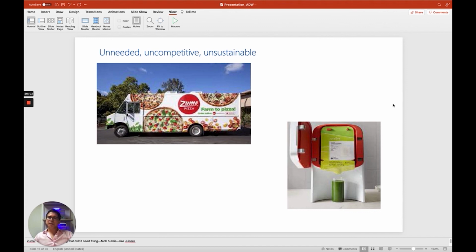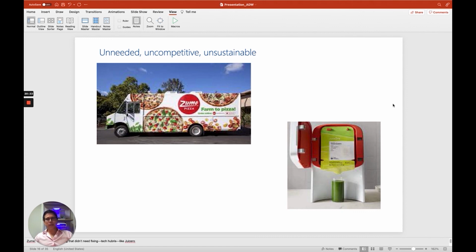So Zoom, the infamous pizza robot delivery company, burned through $100 million, and the food was not good. It had robotic arms inside.